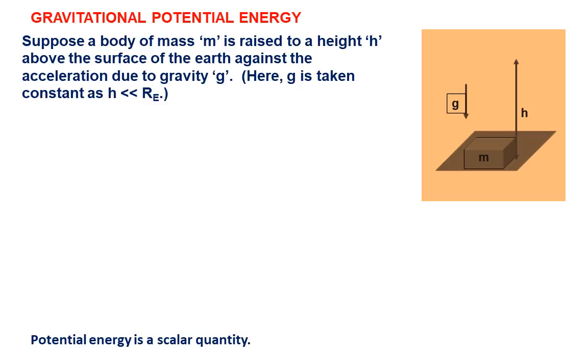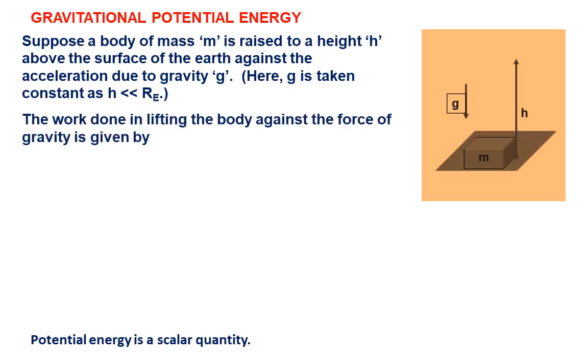Here, because the height is not too much, the value of g is taken as constant. You will study in the gravitation unit how the value of g varies with height.